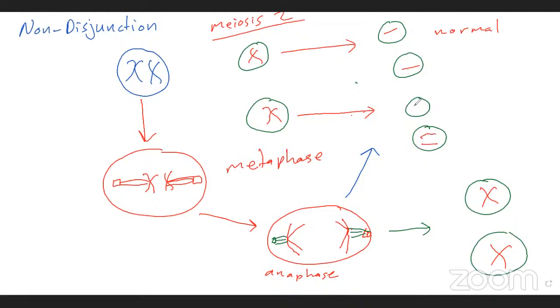This one has no chromosome. So what will happen after fertilization? So which one is that? Down here. So this cell, if it is fertilized, what will happen? The zygote is going to have one less chromosome.